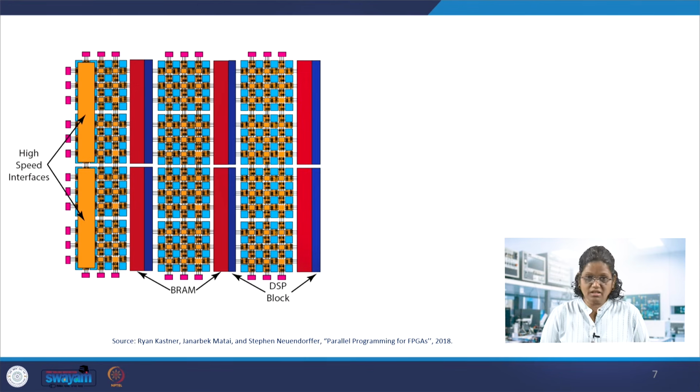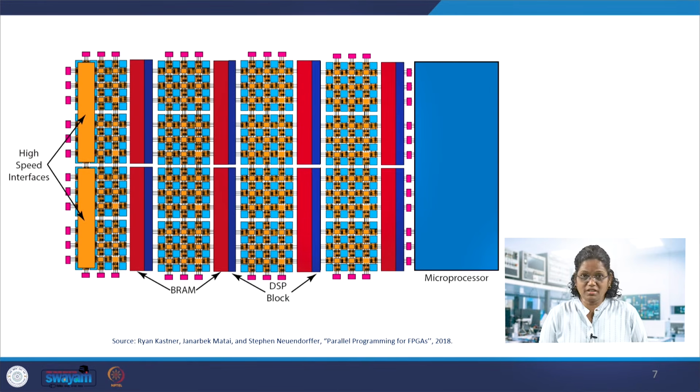Apart from that, there is a DSP block. Numerous new DSP blocks keep being added to make DSP functions implementable through FPGAs. The microprocessor is also part of this, and we have seen in the technology review that these blocks are getting added over time. So the modern FPGA has high speed interfaces, BRAM and DSP blocks, and also a microprocessor.